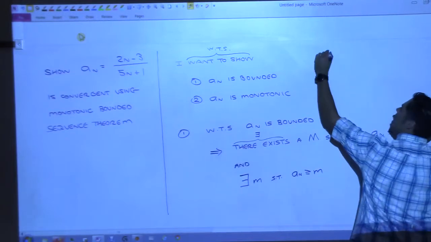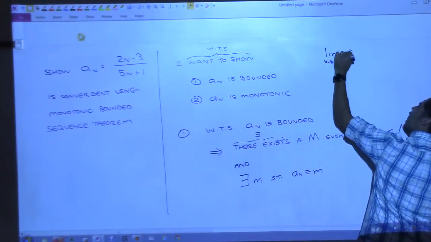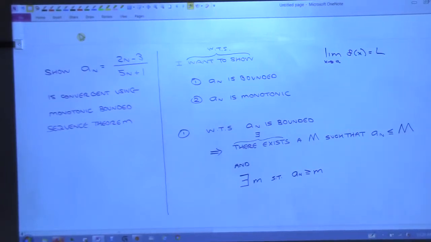Y'all know this right here. The limit as x approaches a of f of x equals L. That's the standard notation for saying that the limit of a function approaches L. I'll show you what's called the precise definition of that.